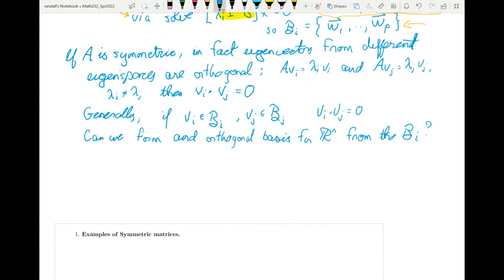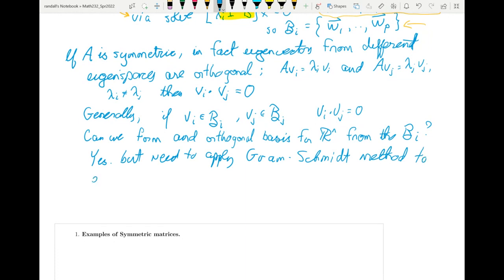I'll mention this again below at the end, but let me just say it here. Can we form an orthogonal basis for Rn? Yes, but we need to apply the Gram-Schmidt method to each basis Bi to obtain orthogonal or orthonormal bases.